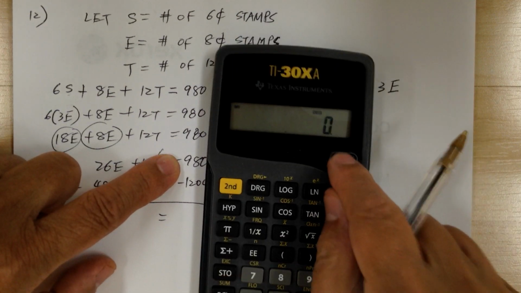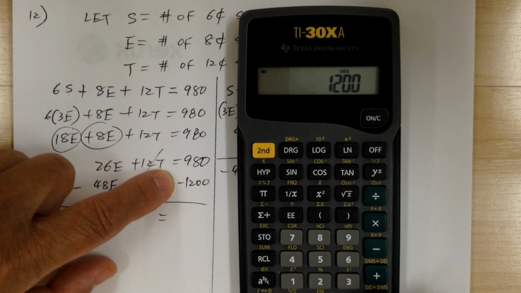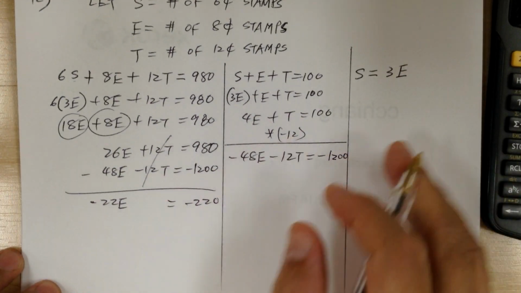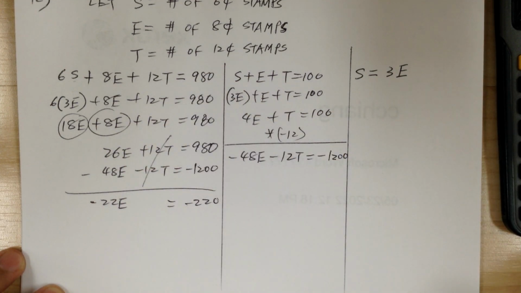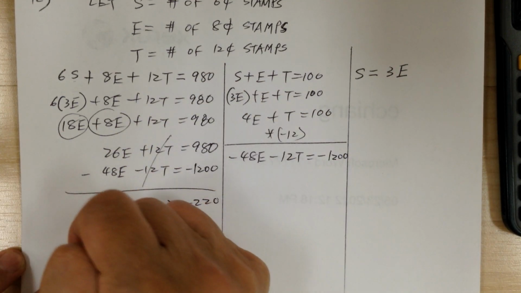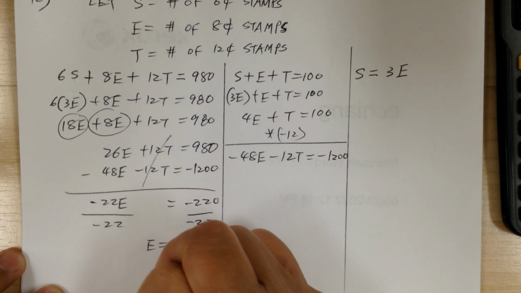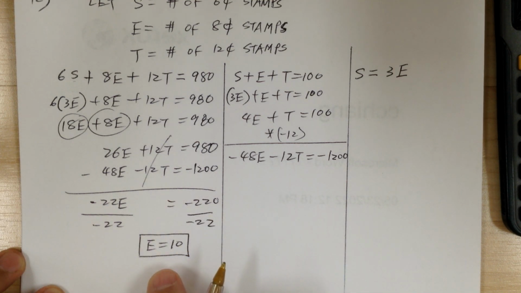This one over here, I got 980 minus 1200 equals negative 220. Now the nice thing about money problems is that the numbers should come out as nice integers. Divide by negative 22, divide by negative 22, so E equals 10. Okay, so there are 10 8-cent stamps.